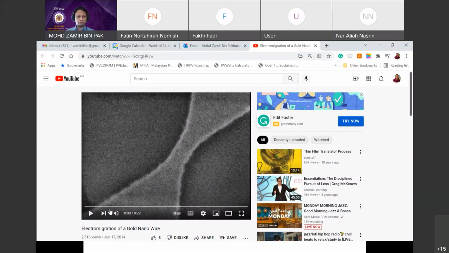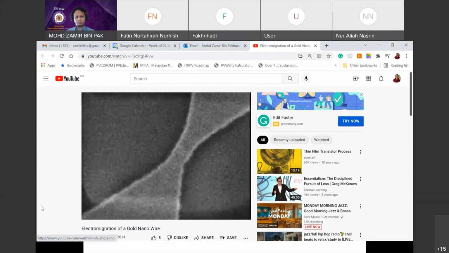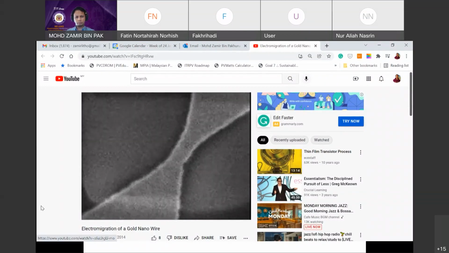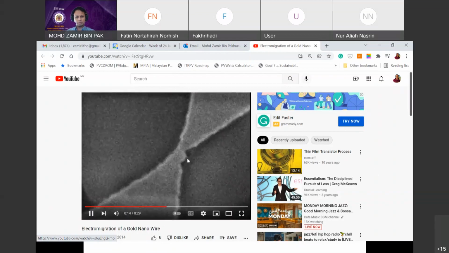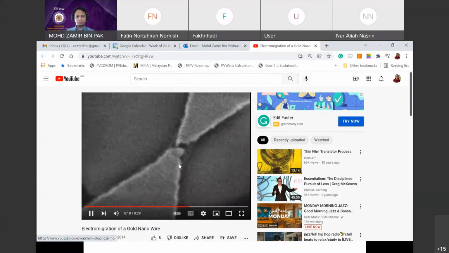The electromigration. In electromigration of a gold nanowire, a small wire made of gold. Look at what's happening. Ada shape change. Nampak dia kat tengah ni. Ada electromigration. So atom dia gone. So finally it breaks the whole wire. Okay.